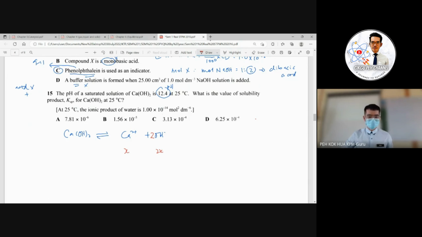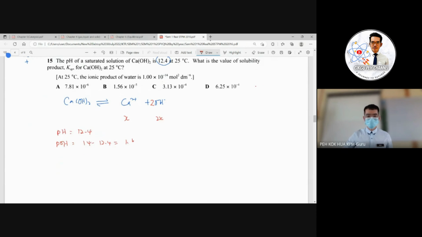Okay, the question gives us pH 12.4. So pOH will be 14 minus 12.4, so you get 1.6. So we get the concentration of OH using the formula: negative log of the hydroxide ion concentration equals 1.6.